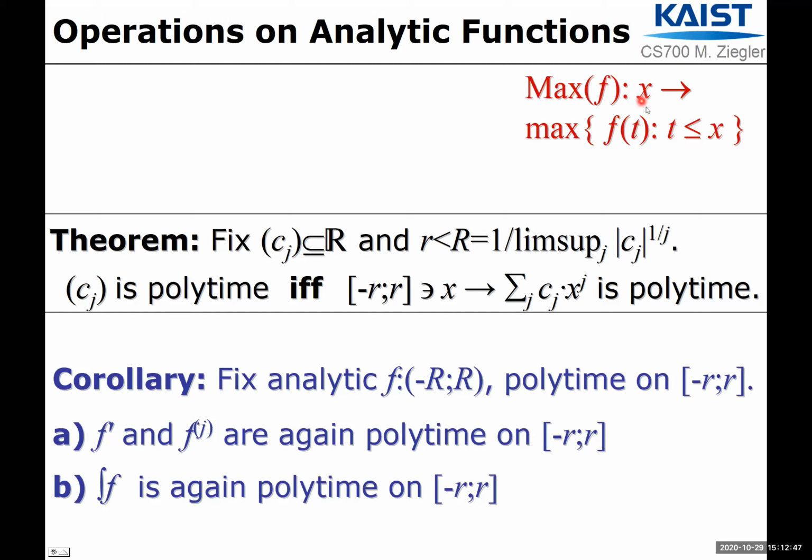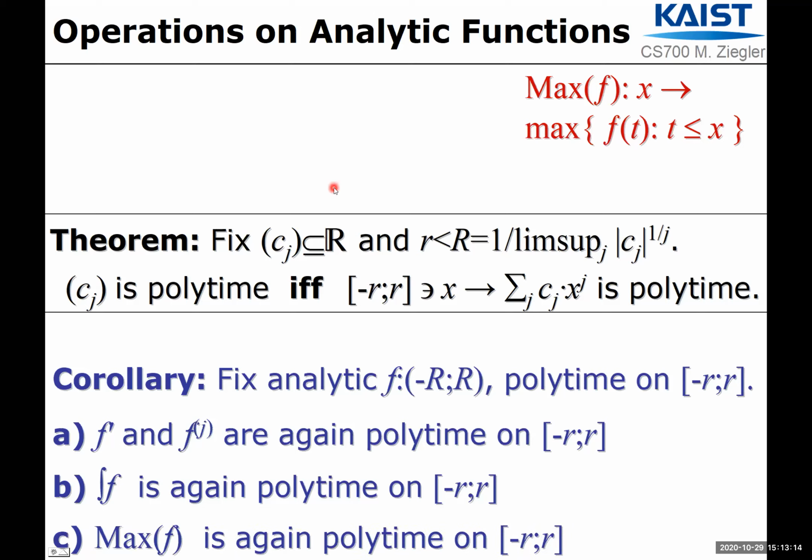It depends on the upper bound of the interval over which we calculate maxima. It's a non-decreasing function, obviously. It has the same modulus of continuity as the original function. So the question is, what is the computational complexity of this function? And for analytic functions f, we can answer that.